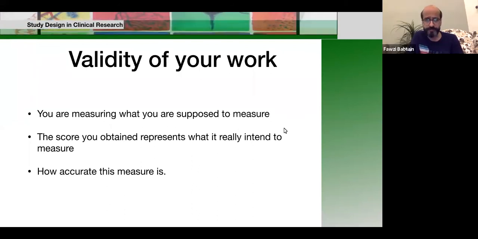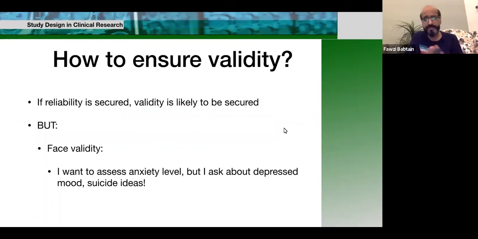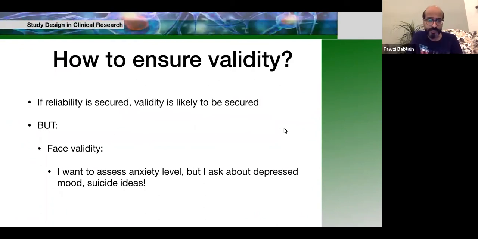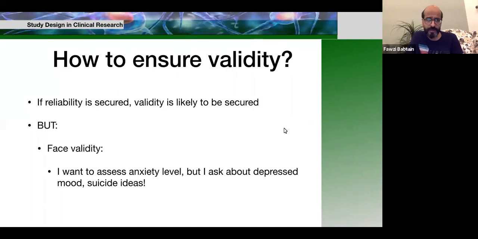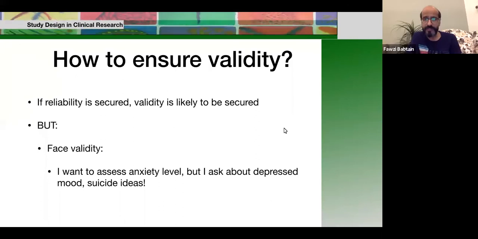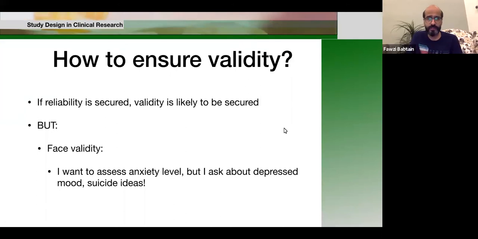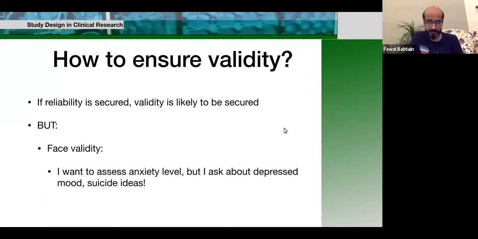Now, I will start more with the validity because maybe it's a little bit difficult, a little bit tricky to estimate. A lot of times, if the reliability is secured, the validity is more or less secured. There are different types of validity. One of the examples is face validity.